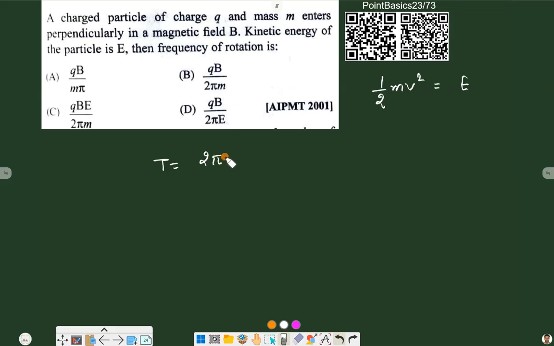Time period is given by 2 pi m by qB, and frequency is inverse of time period, so frequency will be qB by 2 pi m, that is option B.